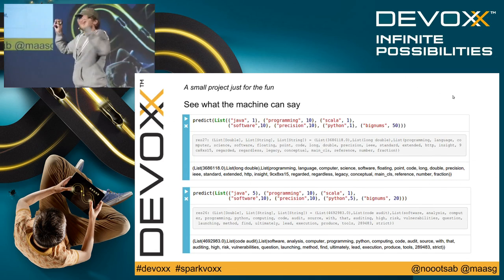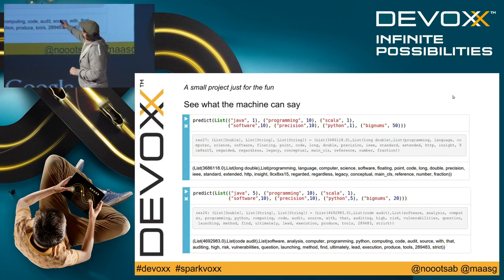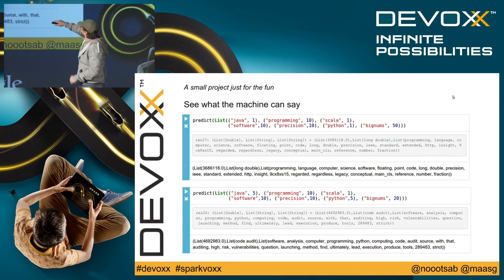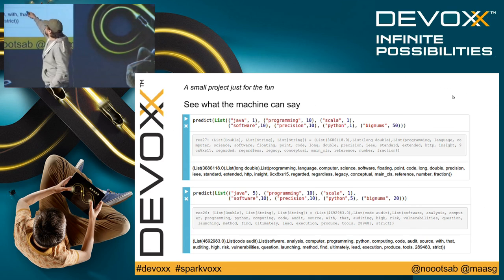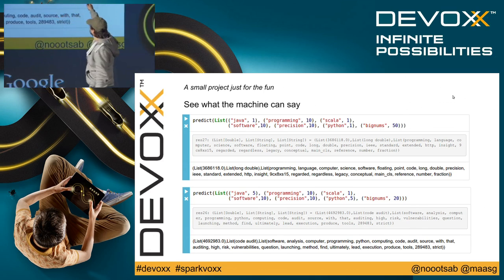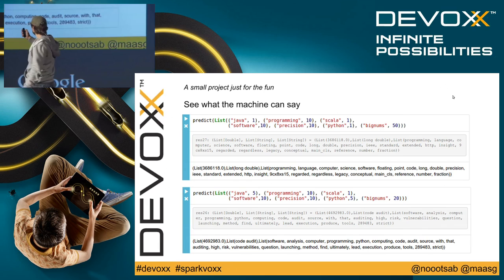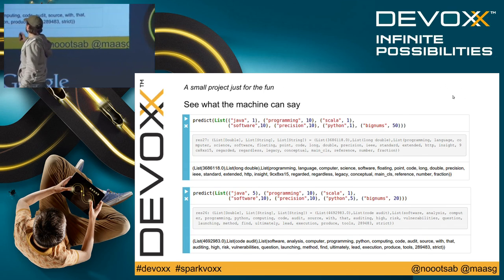And I passed some fake data, fake text, that I made myself. With Java, programming, Scala, and so on, the numbers that you see just after are the number of occurrences in the text that I imagine, right? With 50 big names, I end up with, will these things work? No, of course.